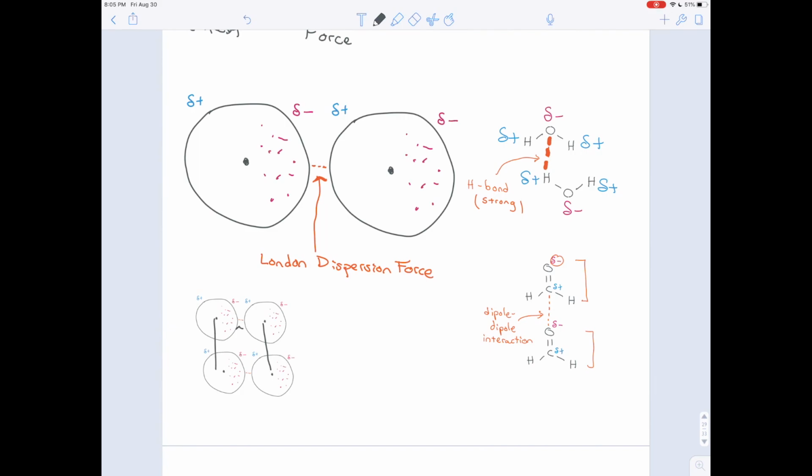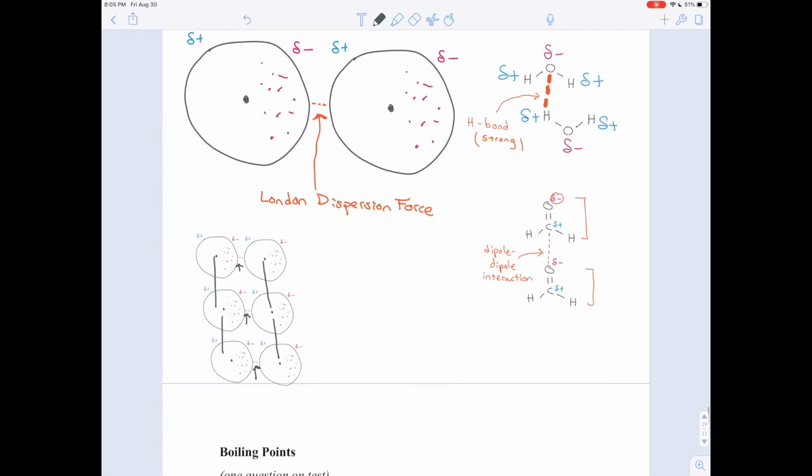Now, there are two places where you could get London dispersion forces. And if the carbon chain were even longer, so these were bonded and these were bonded, now there's three places where you could have London dispersion forces. And so the more atoms you have, the more they can line up. So like these are lining up, these are lining up, they come close to each other, the more places where you can have this London dispersion force. And so the more the molecules would stick together.